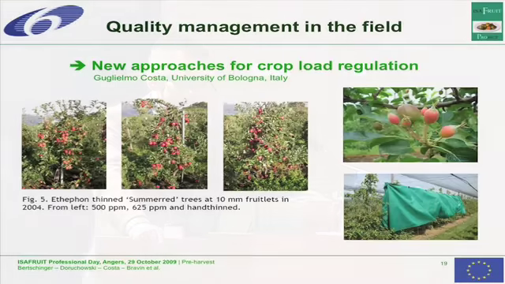Here you see just a picture of an experiment with ethophone in Norway, but also another technology used without any thinning agent, which means they tried to obtain the necessary crop load regulation by shading the tree. And in fact, it works quite well.